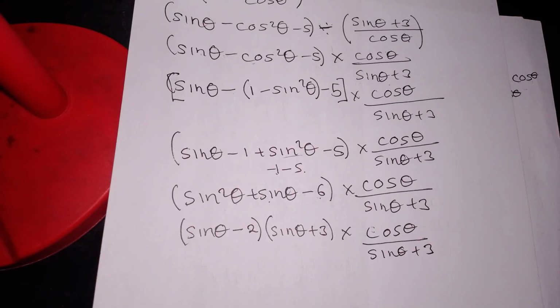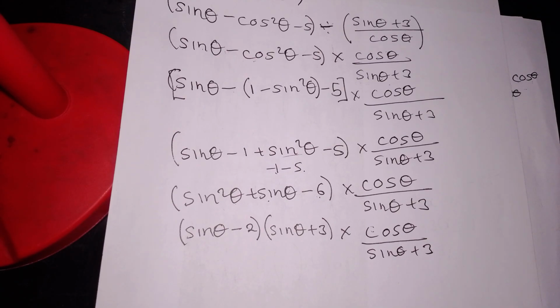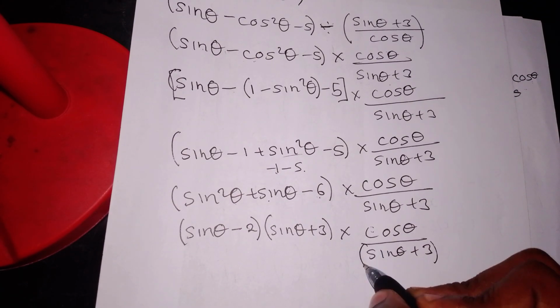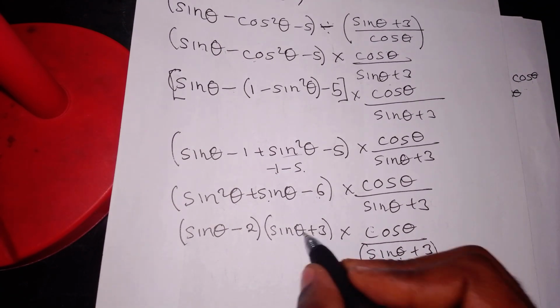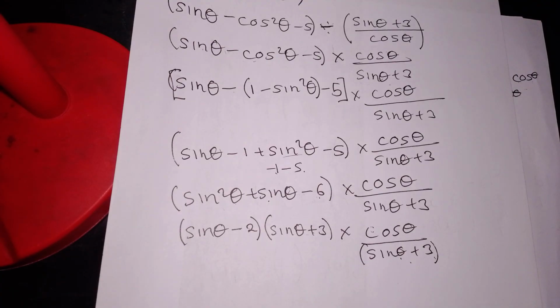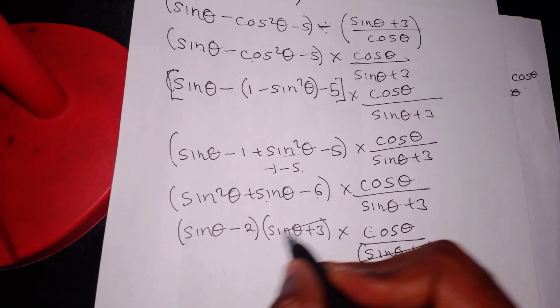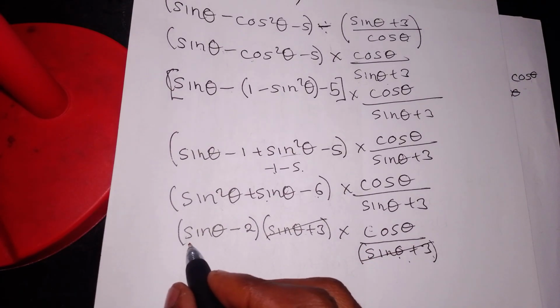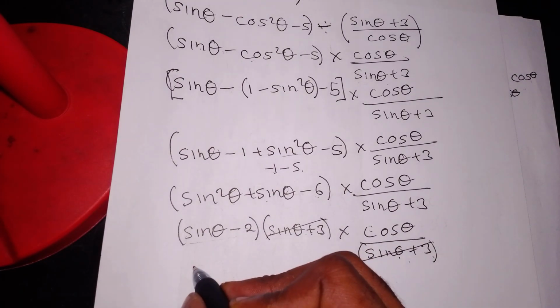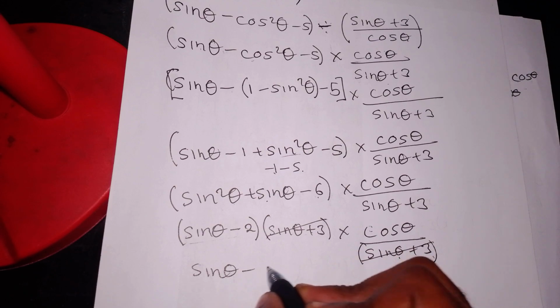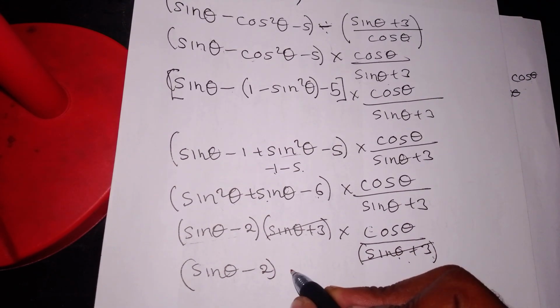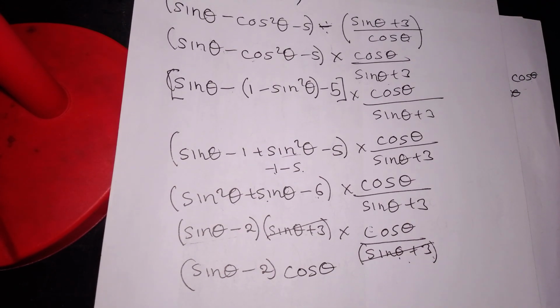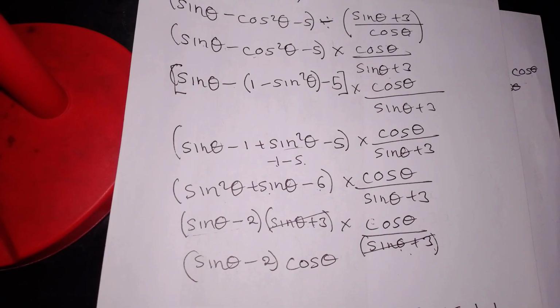So now to prove your identity, as you can see, this is the same as this, so these two will just divide. Remember, you don't want this, you don't want that, all you need is this and that. So once you have sine theta minus 2 being multiplied by cos theta, you would have proved the identity by just expanding these two.